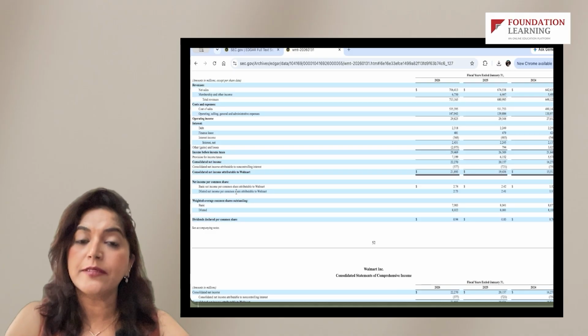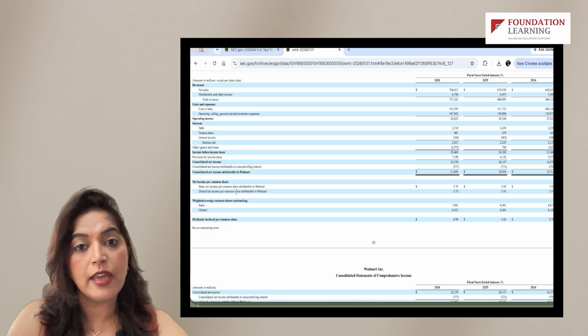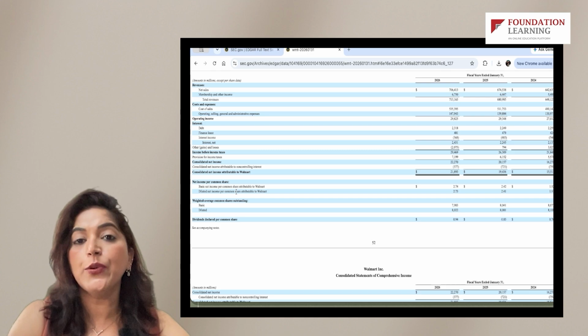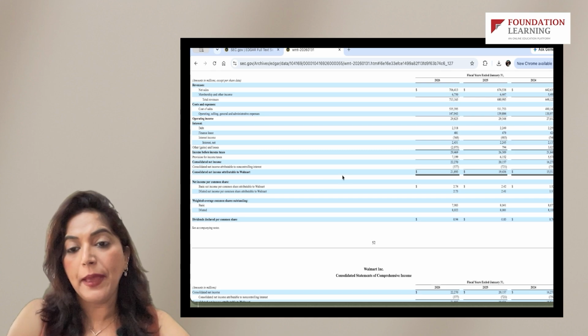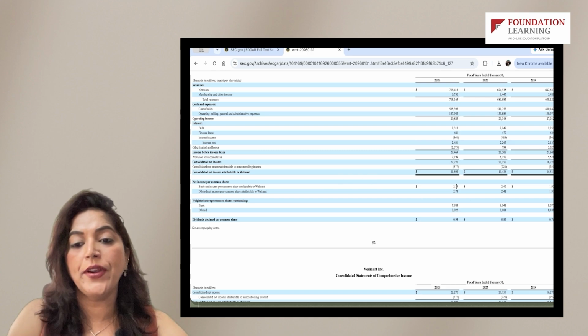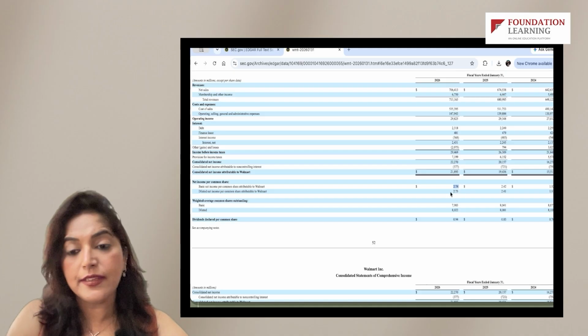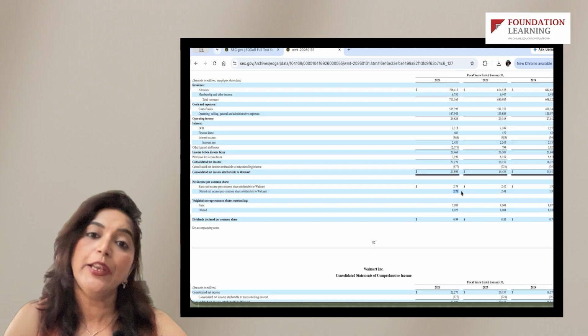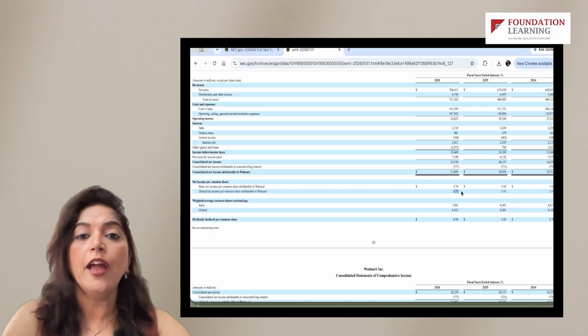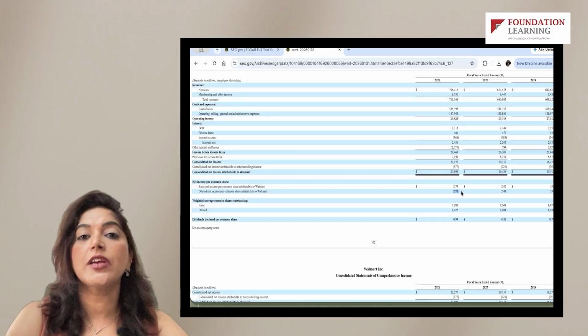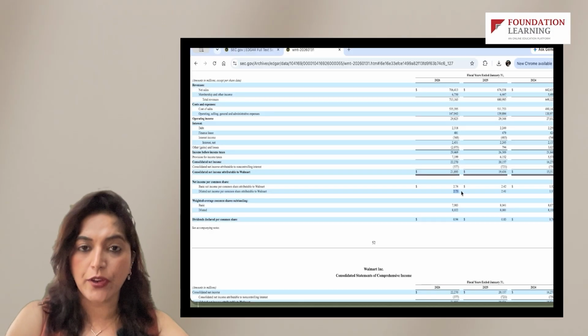So BEPS is basic earnings per share and DEPS is diluted earnings per share. BEPS for the company is 2.74, DEPS is 2.73, diluted. That means a reduction due to securities which are dilutive or convertible securities, right?